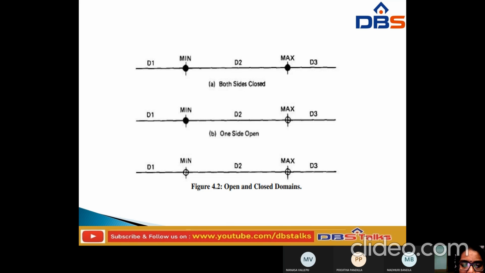Please observe this figure once again. Here in these three domains, for this domain both sides are closed. From minimum to maximum we write the set of values. Next, here also we have written from minimum to maximum, and from the end side we have opened the domain.